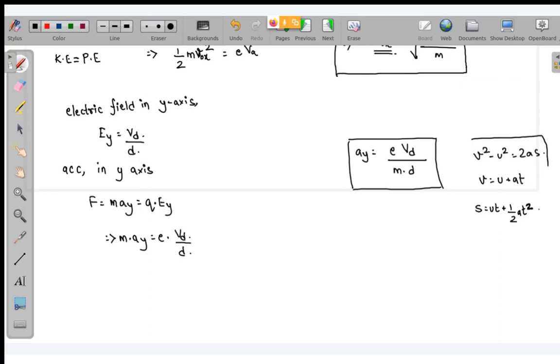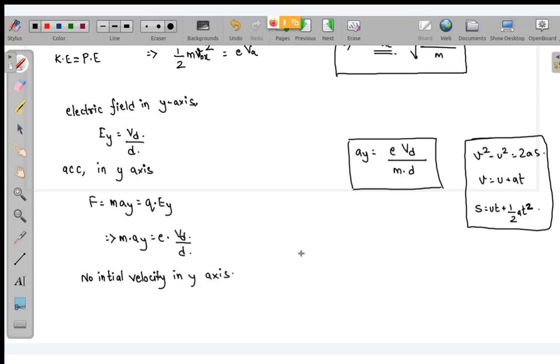These 3 equations we had in kinematics. So now I am going to apply the same equations. Here you are going to write there was no initial velocity in the y-axis.